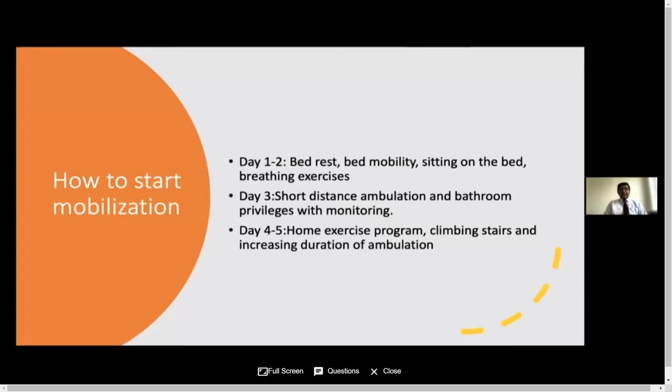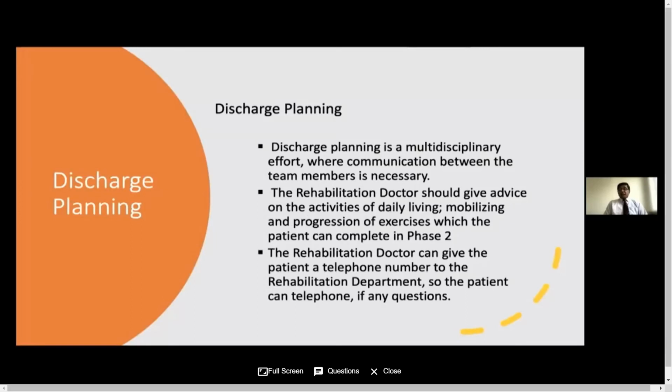At the end of day 2, you can take the patient out of the bed, and then day 3, short distance ambulation and bathroom privileges with monitoring. Day 4 to 5, you have to introduce a home exercise program, including climbing stairs, and you have to increase the duration of ambulation.